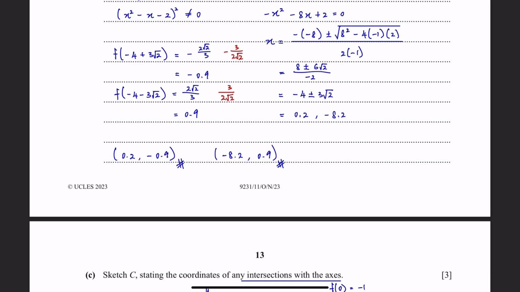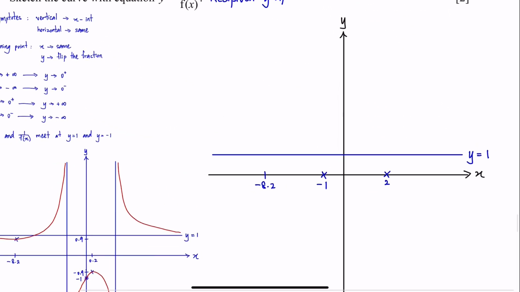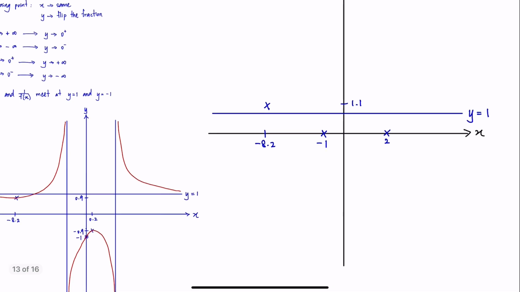It's around 1.1. This is 1.1. This is negative 1.1. We have the new stationary point here, and for 0.2 we also have negative 1.1. So this would be the other stationary point.